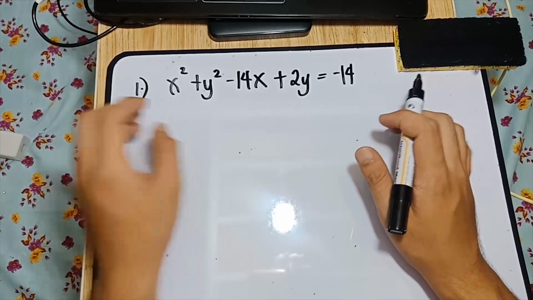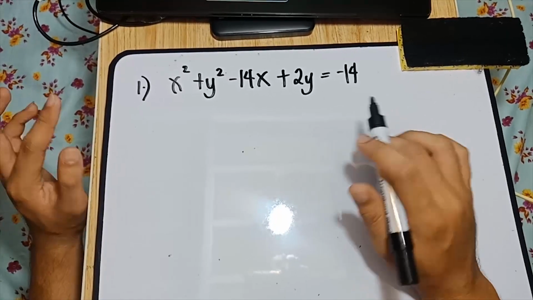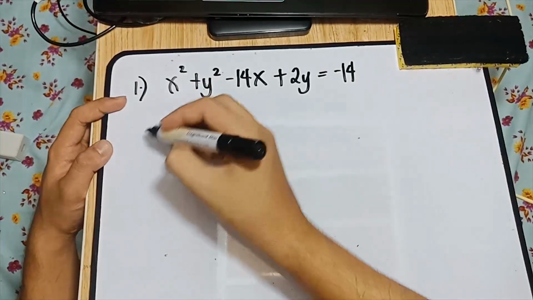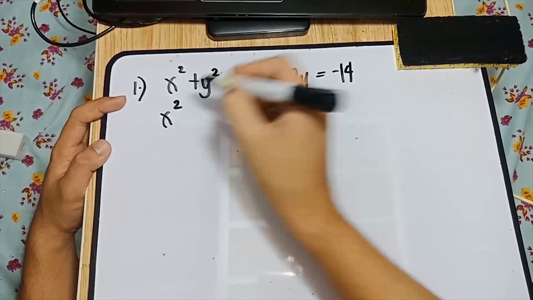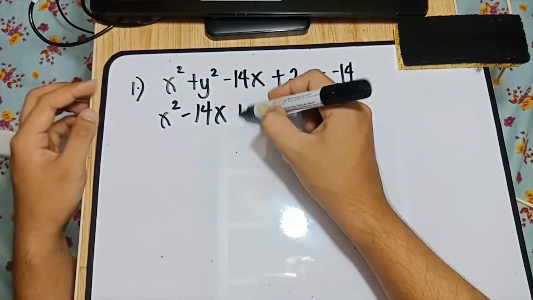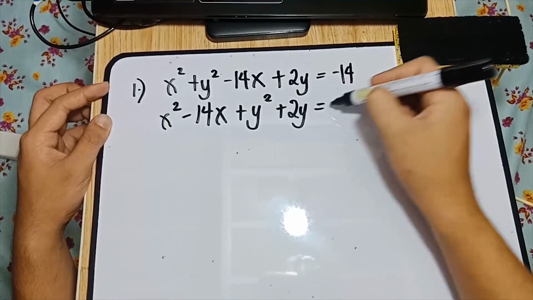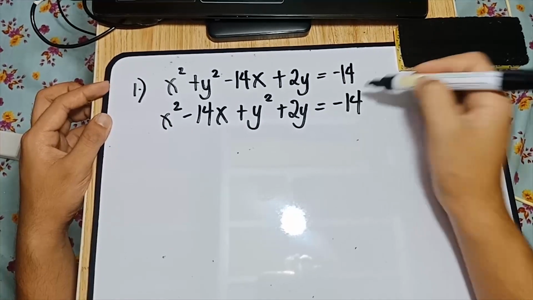So circle ito. Again, completing the square. Pagsamahin yung x, pagsamahin yung y, then constant dun sa kanan. X squared minus 14x plus y squared plus 2y equals negative 14.